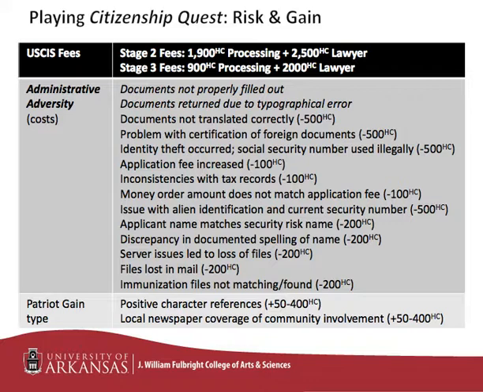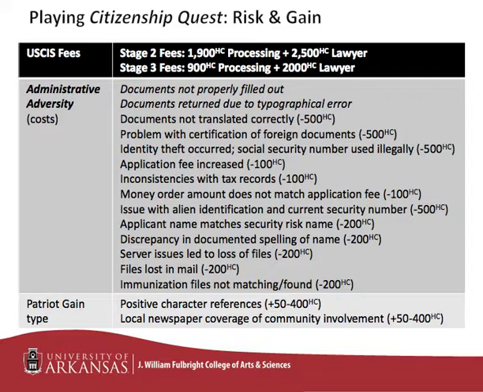Now, things might also randomly happen to you based upon whether or not you have an attorney. And the amount and the likelihood is affected by just probabilities. That's life. Things happen. So we can see here that multiple different things might happen. For instance, there might be inconsistencies with your tax records. You might have identity theft occurring. There might be an issue with your name because it is connected with and identical to someone who's already a security risk, or your immunization files might be lost.